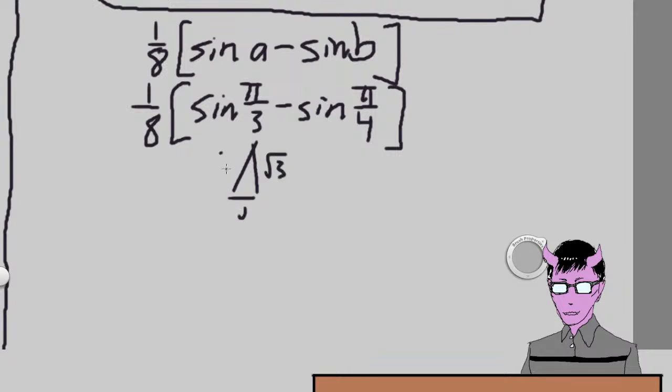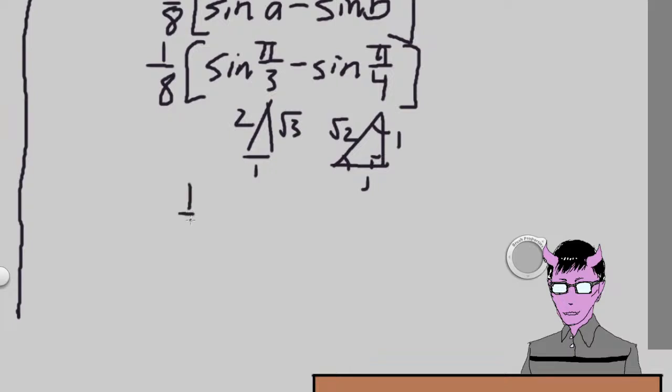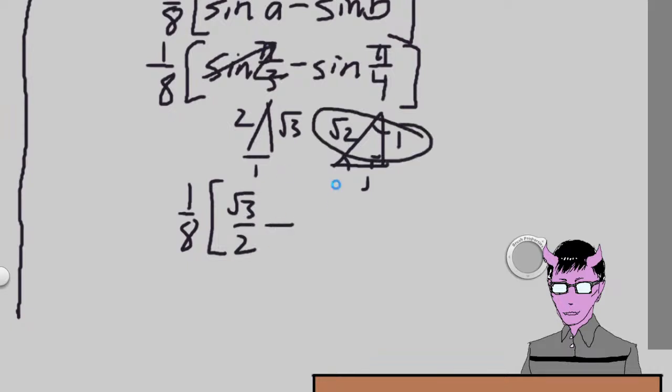Root 3 to 1 to 2. This is the pi over 4, 45, 45, 90. Copy paste. Sine is root 3 over 2, minus root 2 over 2.